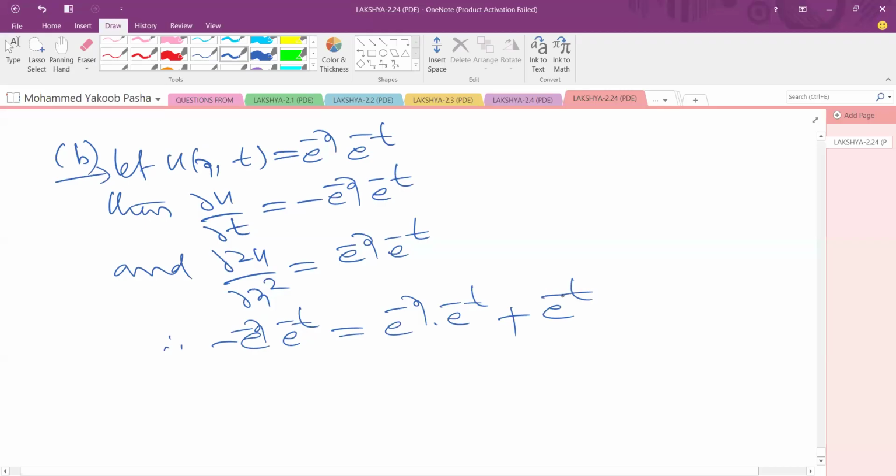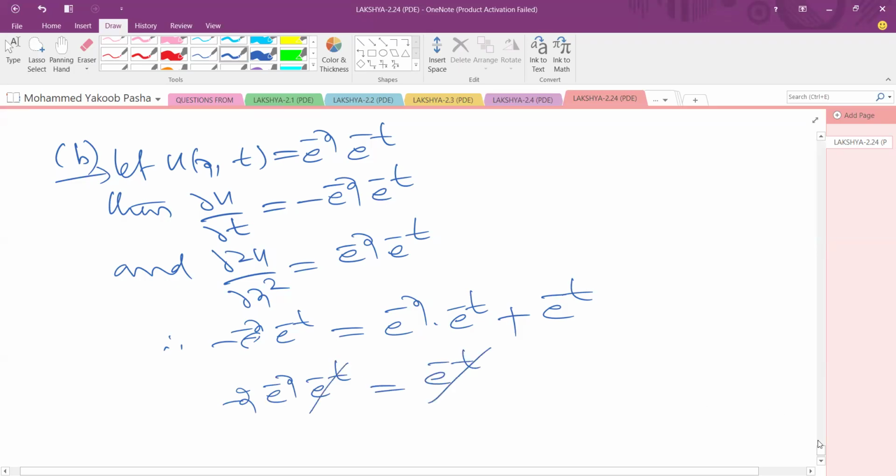Does it cancel? The e power minus x into e power minus t stays the same. So we can write it as: 2 e power minus x into e power minus t is equal to e power minus t.